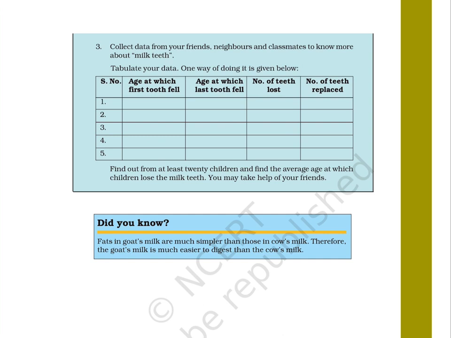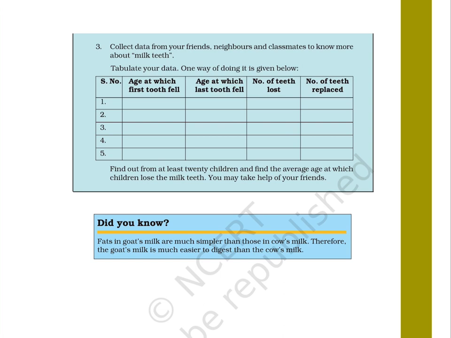In the first column, we have the serial number. In the second column, we have age at which first tooth fell. In the third column, we have age at which last tooth fell. In the fourth column, we have number of teeth lost. And in the fifth column, we have number of teeth replaced.